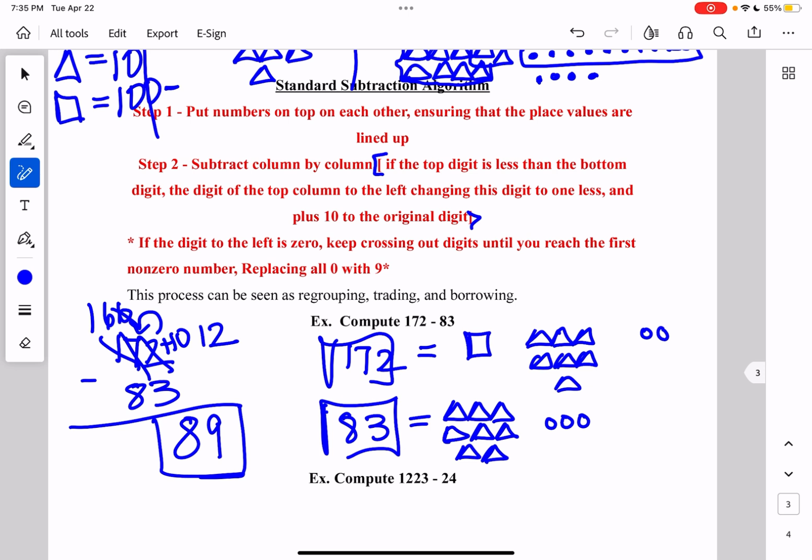And then you'll be able to determine that the 100 is going to be taken away because you're removing that, and then you're going to end up with 8 triangles, but in the process you receive 3 circles.